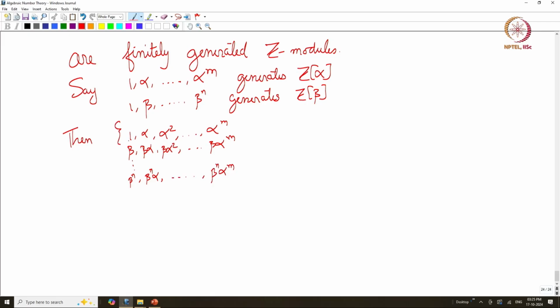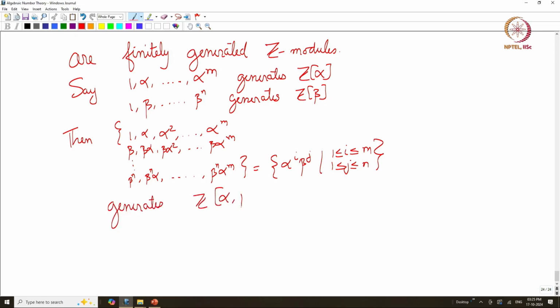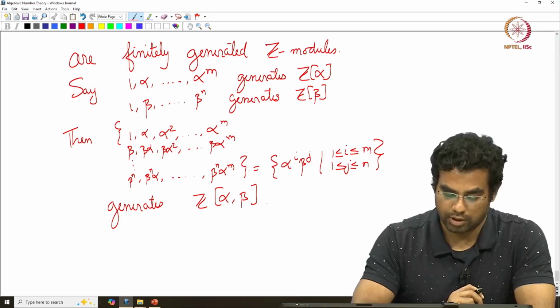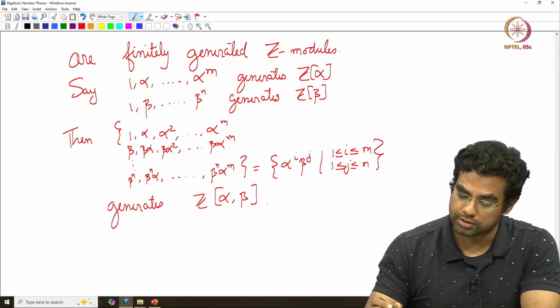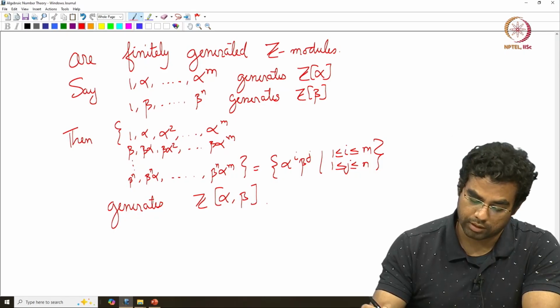how do I write this as a set? This is simply alpha to the i, beta to the j, such that 1 is less than or equal to i less than or equal to m, 1 is less than or equal to j less than or equal to n. This generates Z[alpha, beta], right, because Z[alpha, beta] are two variable polynomials over Z evaluated at alpha, beta.